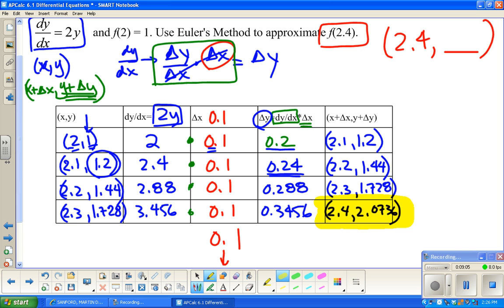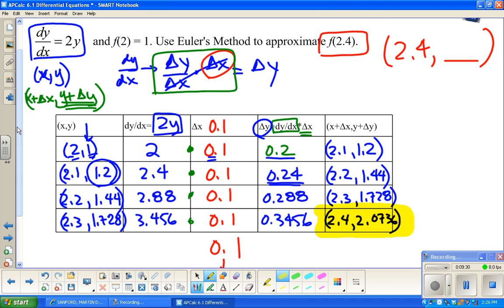Now again, the idea here is this is mostly useful when it's very difficult to analytically find the solution for a differential equation. You have an equation that gives you the derivative, the slope, and then you just use it to say, I don't need it perfect, I just want a rough idea of what that new y value is. Now, what I want to do is spend a little bit of time doing this analytically.